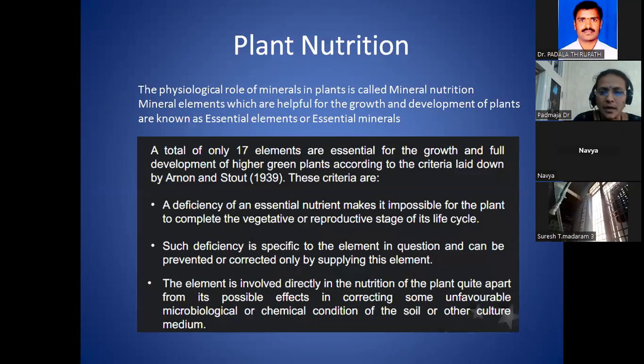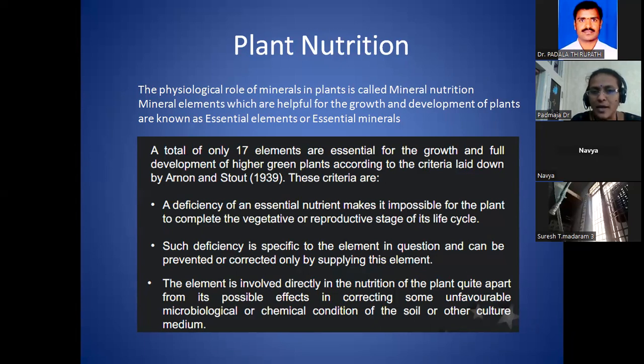They are taken by the plants through their roots. So these nutrients, the physiological role of minerals in plants, are called mineral nutrients, which are helpful for growth and development. These nutrients are helpful for the plants starting from the seed to the seedlings, the development from the vegetative to the flowering stage, and the total metabolic process.